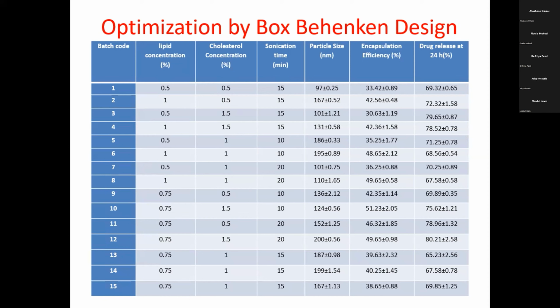And this is the layout of the Box-Behnken design. Design-Expert gives 15 different batches with different compositions, and for all the batches we study the particle size, encapsulation efficiency, as well as the drug release phenomena.